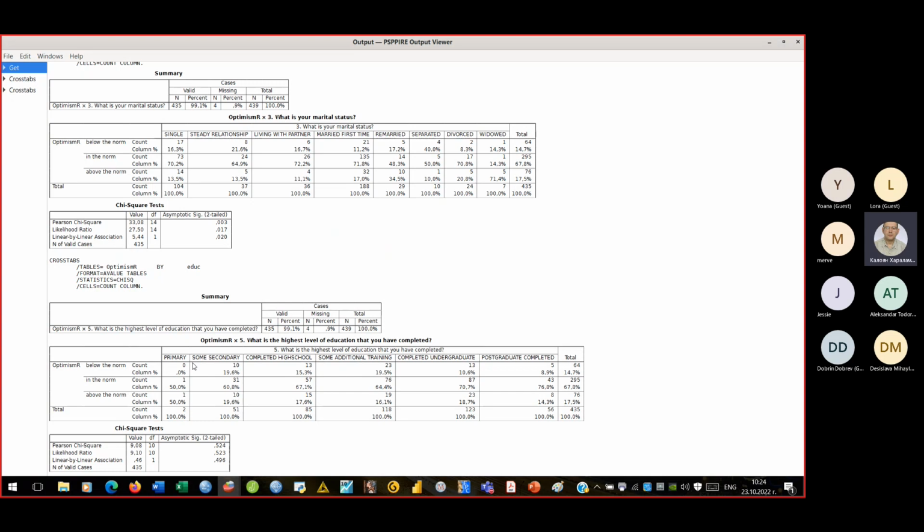So here we can see for the category below the norm that first the percentage increases, after that decreases, after that increases again, after that decreases again, and again decreases. So we have a situation where the dependent variable goes up and down.